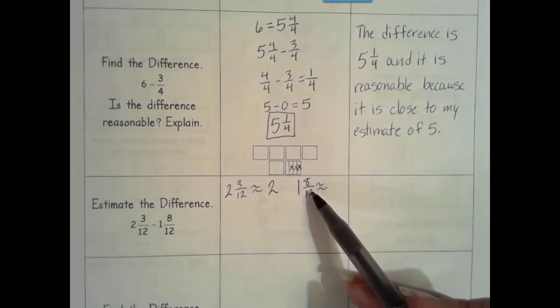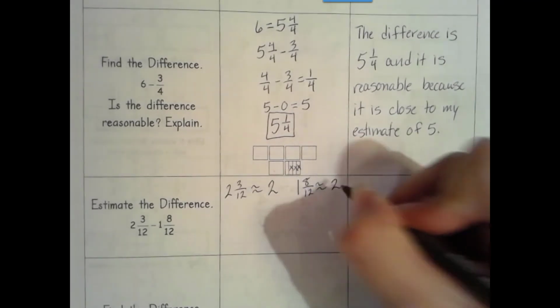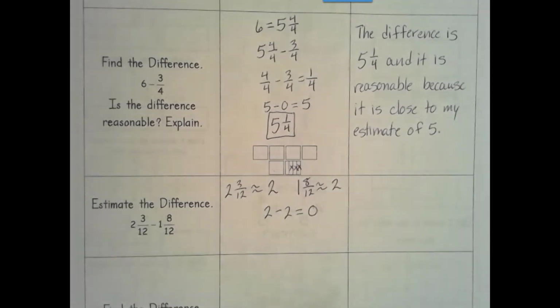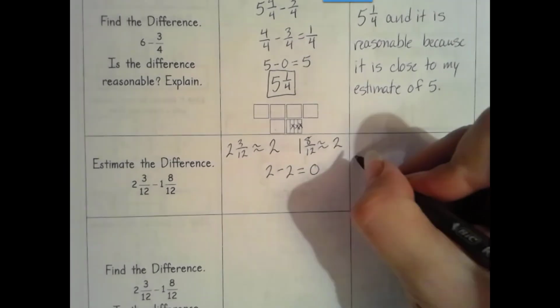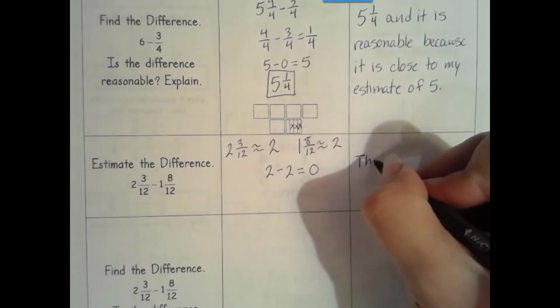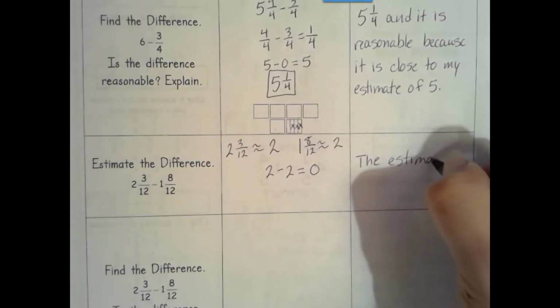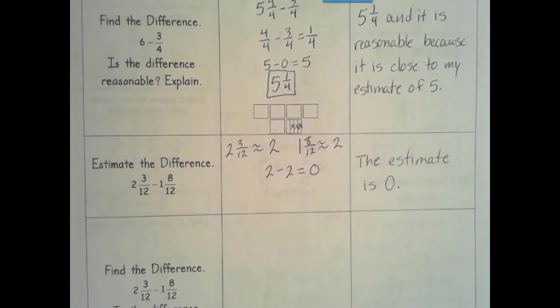Well, 8 is more than 6, more than that halfway benchmark, so that is closer to being 2. 2 take away 2 is 0. So that means it's going to be just a fraction most likely. It's going to be close to almost nothing. The estimate is 0.